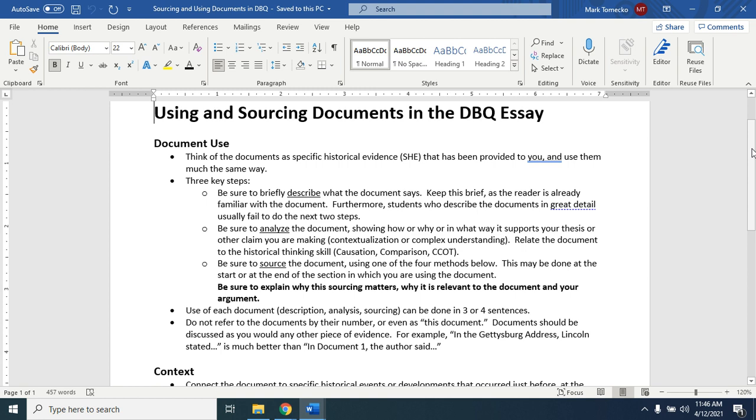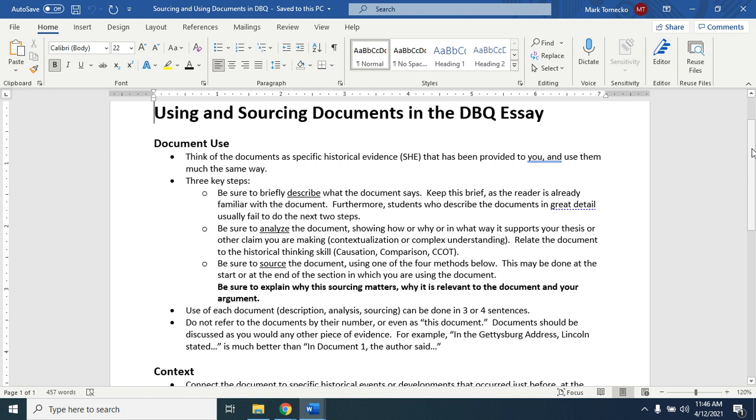The reader has the documents. They know what they say. But usually that's a clue to the reader that you don't know what they say. You're quoting them hoping the main idea is somehow in there. Don't do that. Just tell us what this document is saying or doing that is relevant to your claim, your thesis.